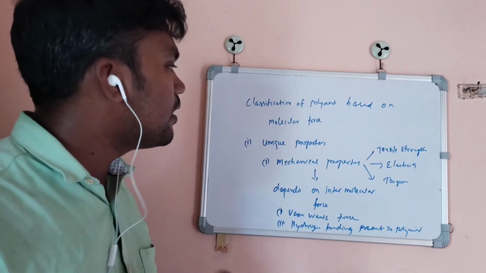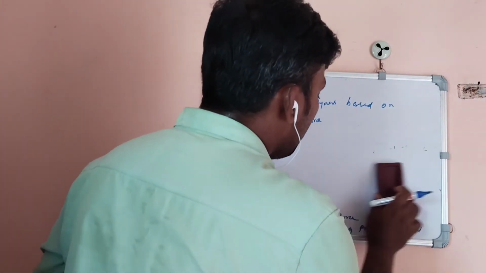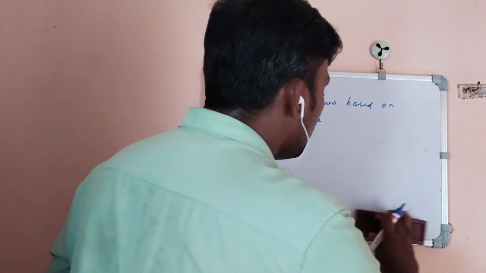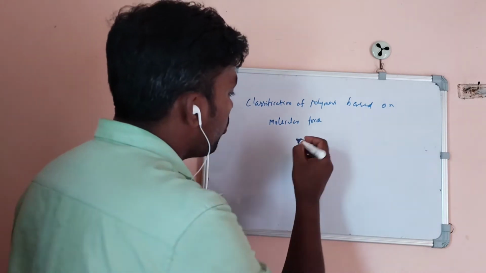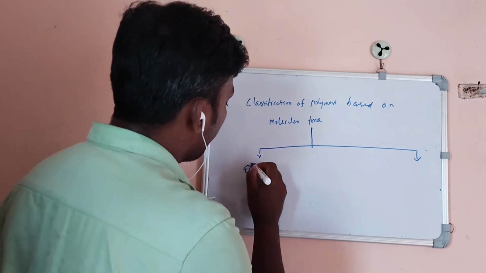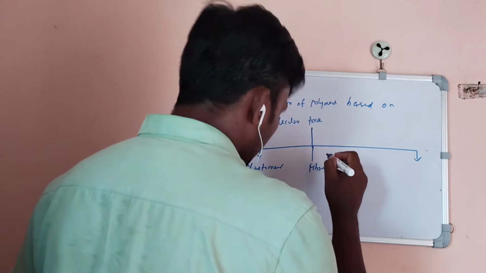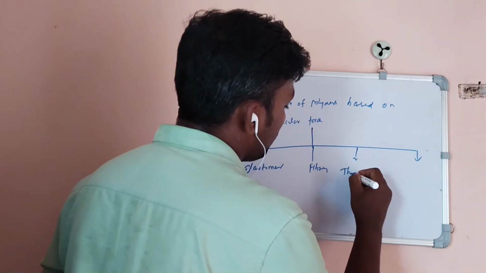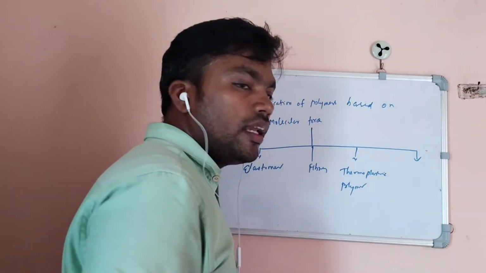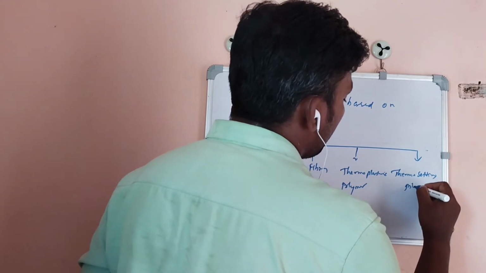Under this category we will classify polymers into 4 categories. When you classify the polymers based on the molecular force, we can classify them into 4 categories. First one is elastomers, and fibers, and thermoplastic polymers, and then thermosetting polymers.